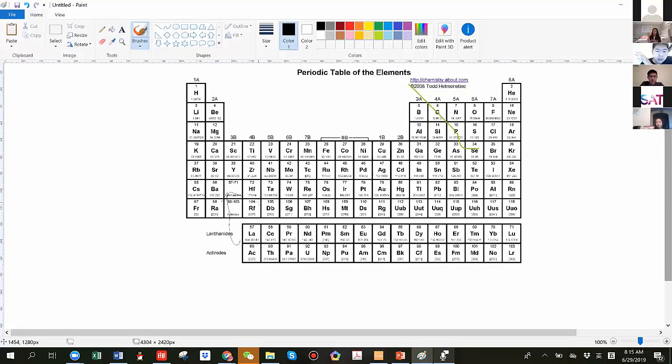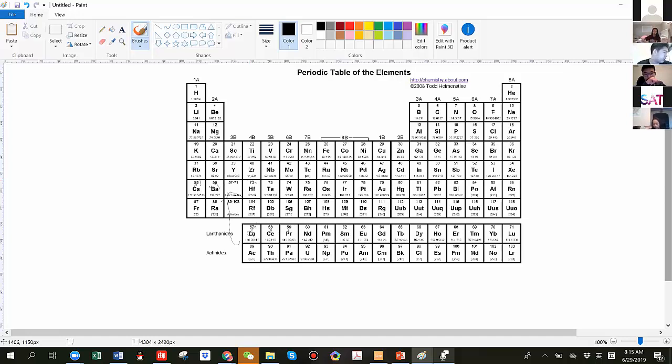So the order goes cesium, barium, lanthanum, cerium, praseodymium, etc. So it doesn't go straight from barium to hafnium. I just wanted to make that minor point.